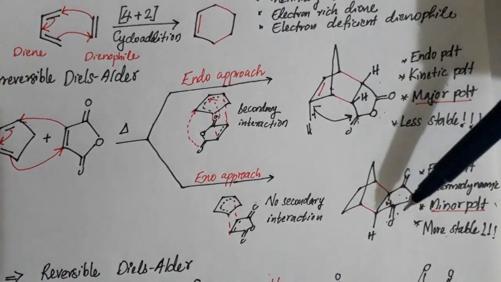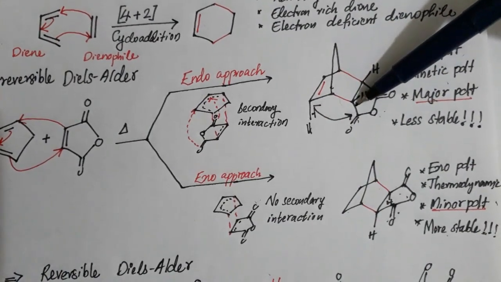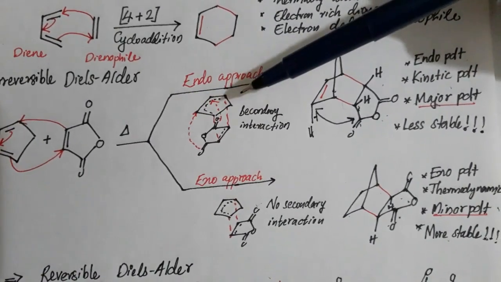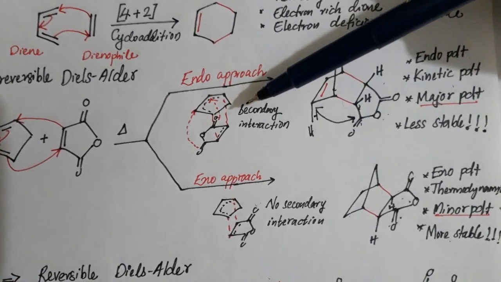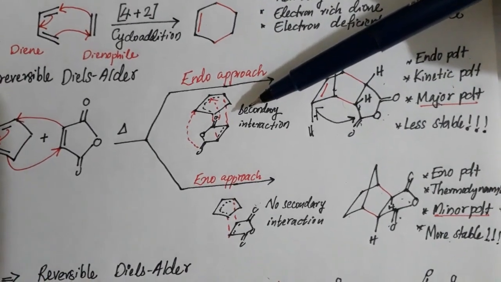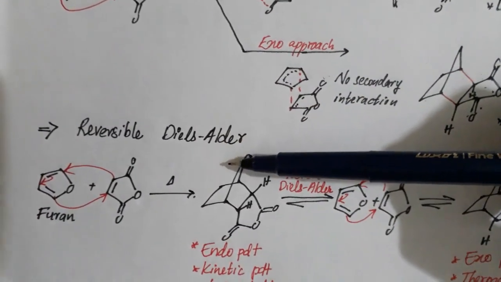That's why the exo product is more stable than the Endo product. I repeat, the Endo rule says that in an irreversible Diels Alder reaction, the Endo product will be the major product. Now we are moving to the next category, reversible Diels Alder reaction.